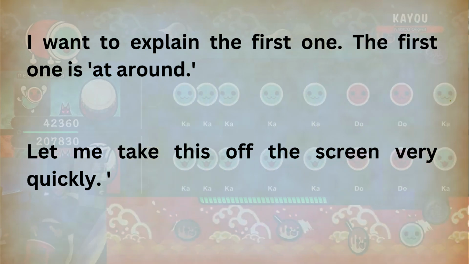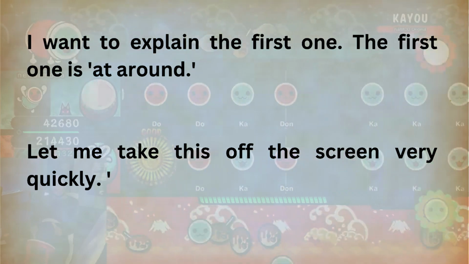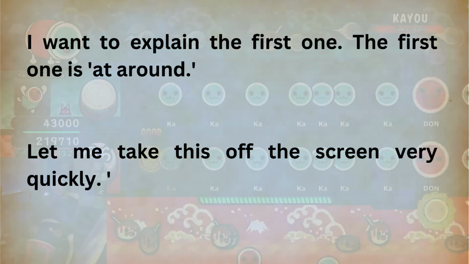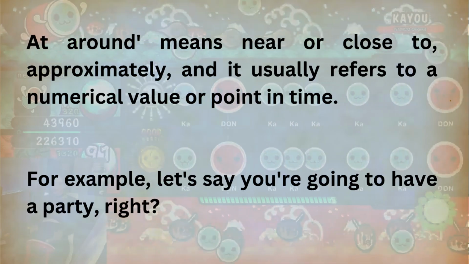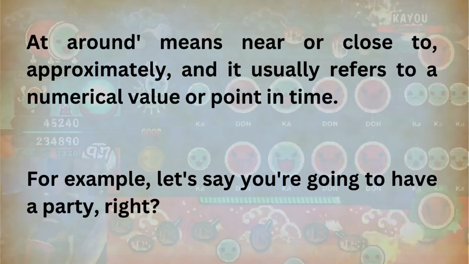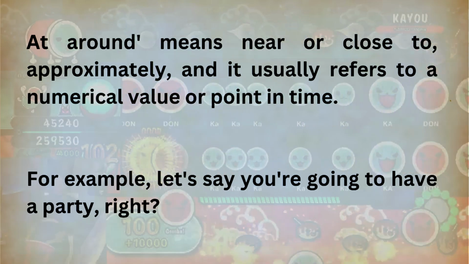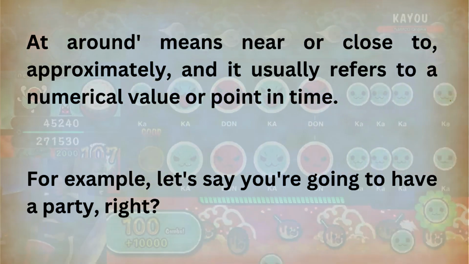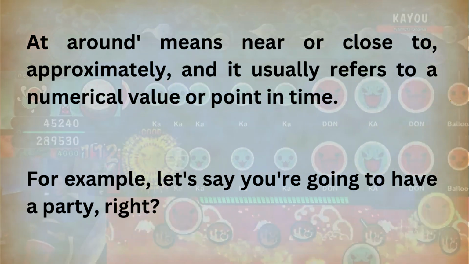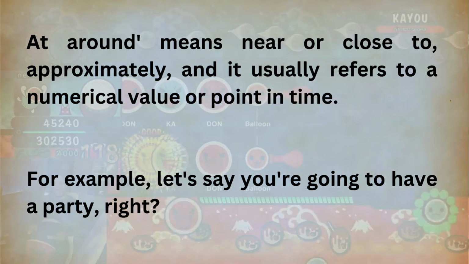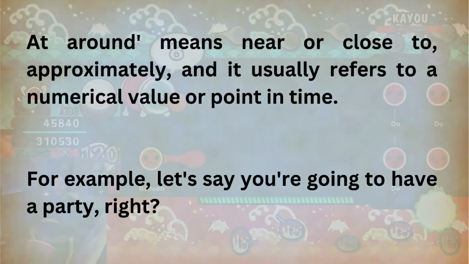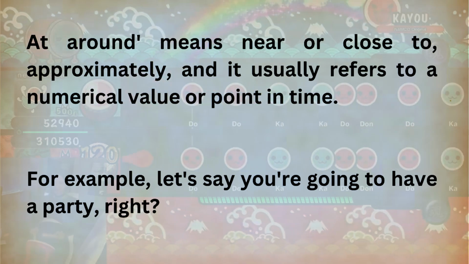The first one is at around. Let me take this off the screen very quickly. At around means near or close to approximately, and it usually refers to a numerical value or point in time. For example, let's say you're going to have a party, right?